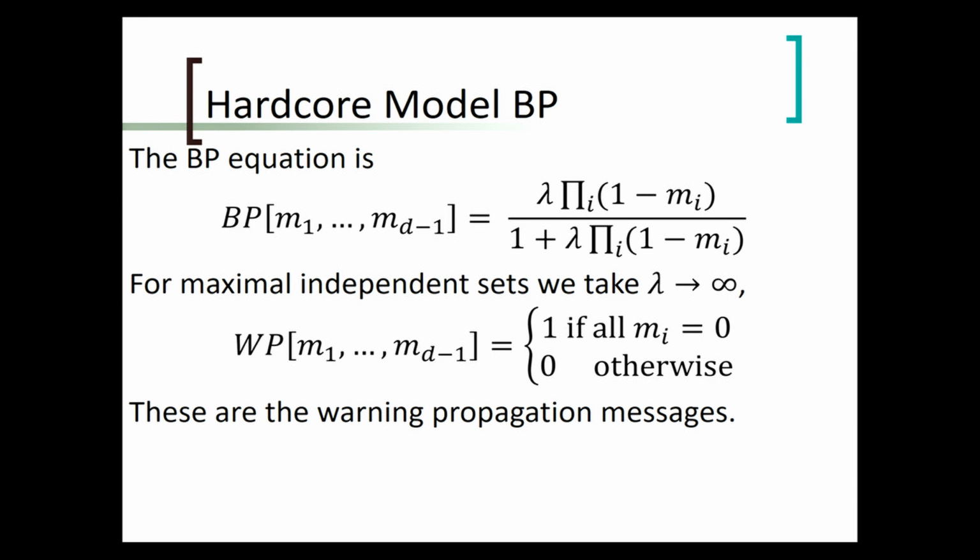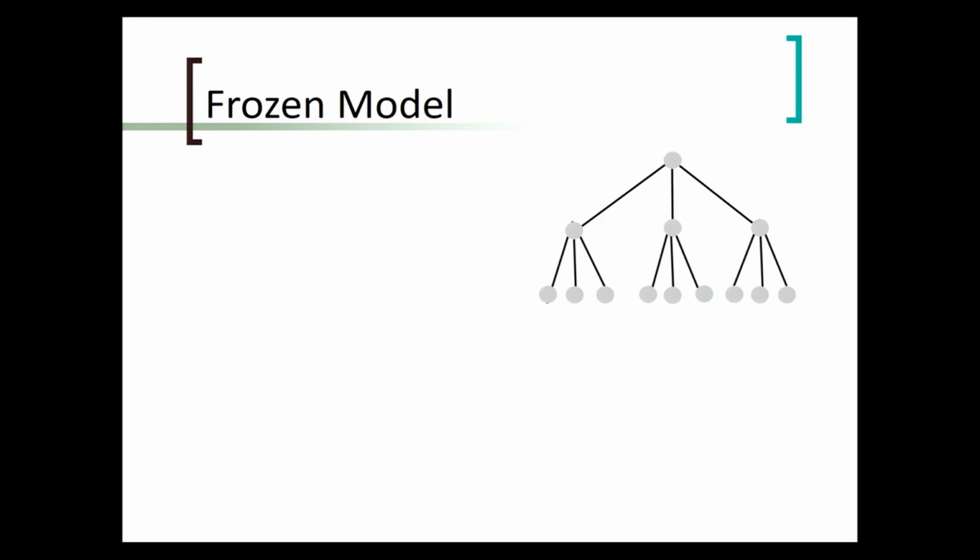Okay, so what's this got to do with the big independent sets in the graph? What we call the frozen model will be given by the warning propagation configuration. If these black numbers represent the upgoing messages, we can calculate: this is a 0 because it has an incoming 1, whereas this is a 1 because all of the incoming messages are 0.